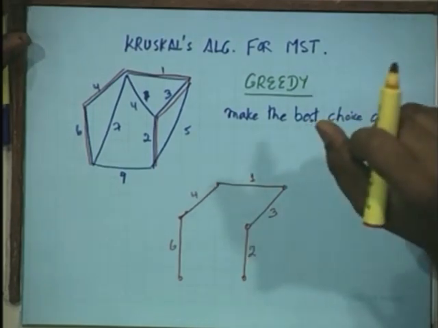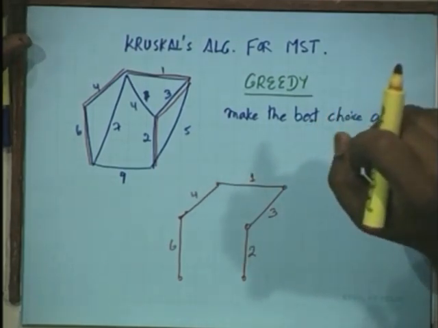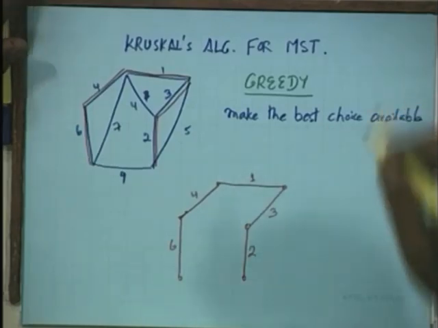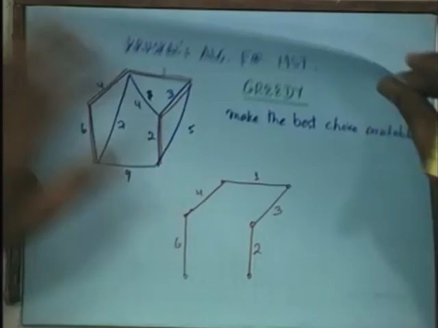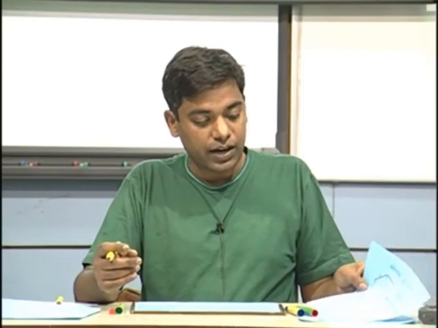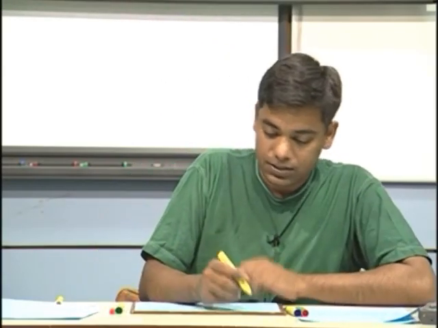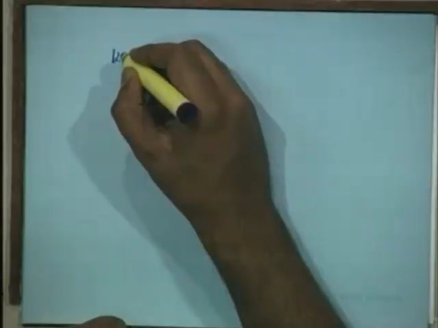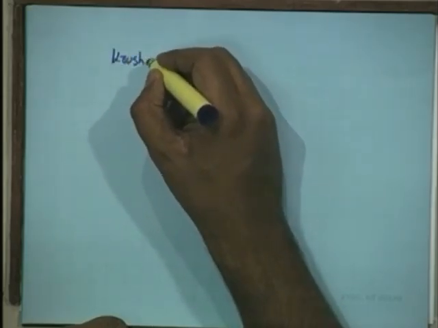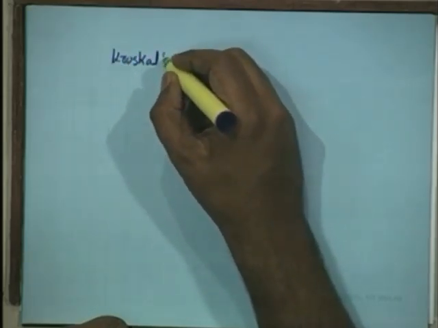Does everyone understand the algorithm? Yes? Okay. Can we write down what the algorithm is? Right? So let's just quickly write down what the algorithm is, because it's very easy to write down. Kruskal's algorithm.